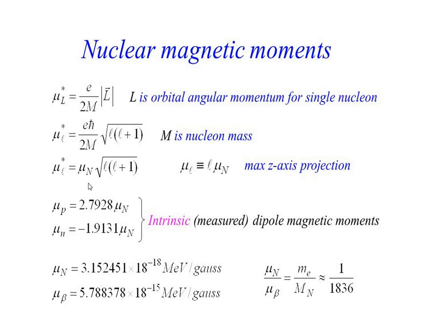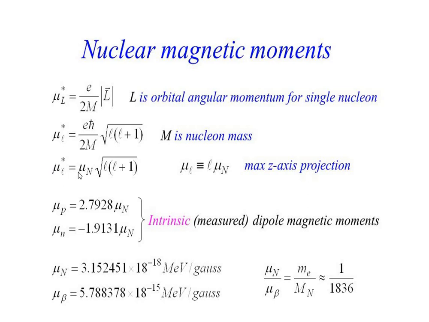Mu L is given by mu n in the case of nucleons. So, when we take the expression for the electron to the case of nucleons, which are also charged particles, e h cut by 2m, where m is the nucleon mass, is equal to mu n into the square root of l into l plus 1, where mu n is known as the nuclear magneton.